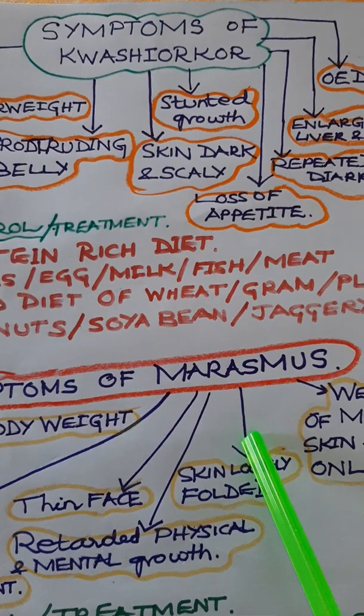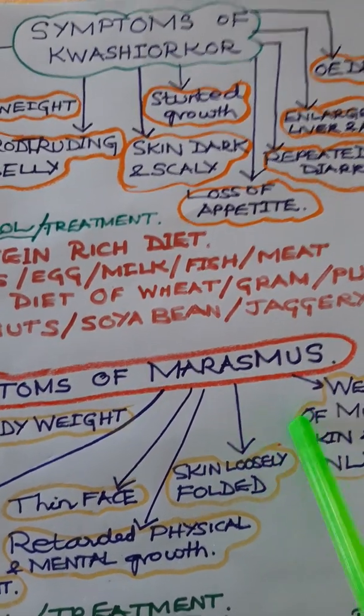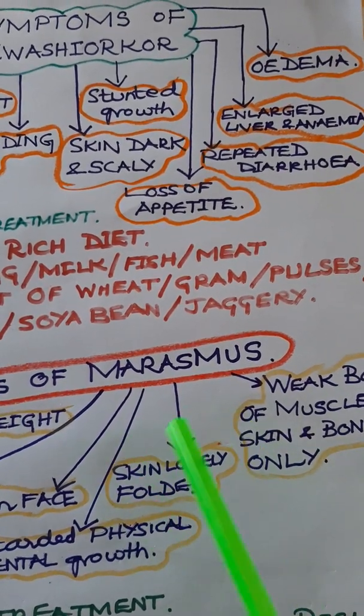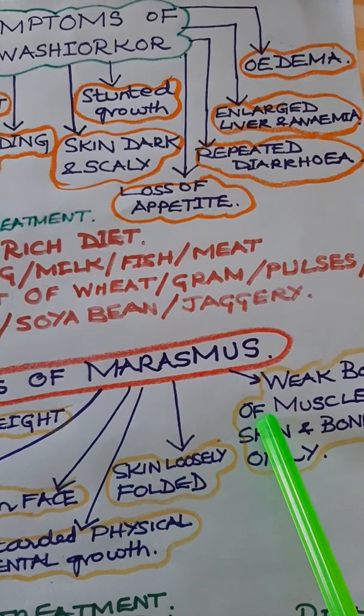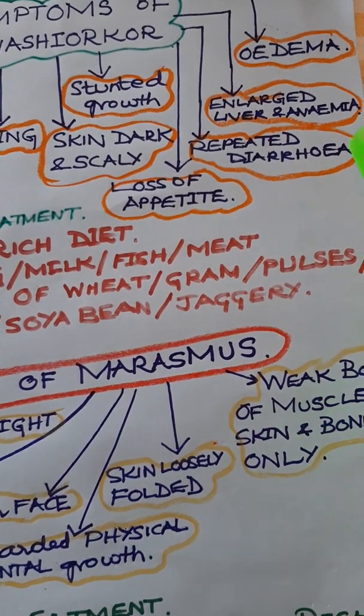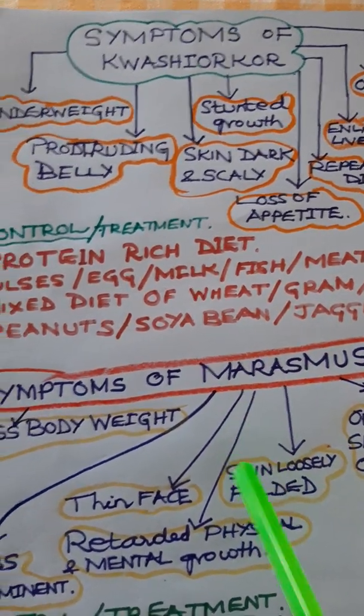Skin dark and scaly, loss of appetite, edema, swelling of the joints, swelling of the legs, enlarged liver and anemia, repeated diarrhea. So these are the symptoms of kwashiorkor.